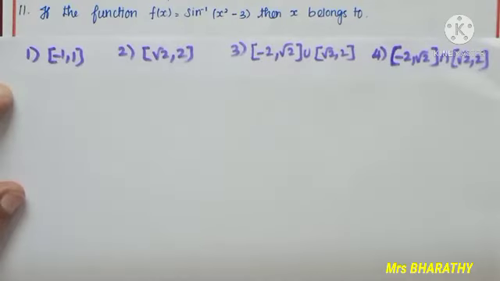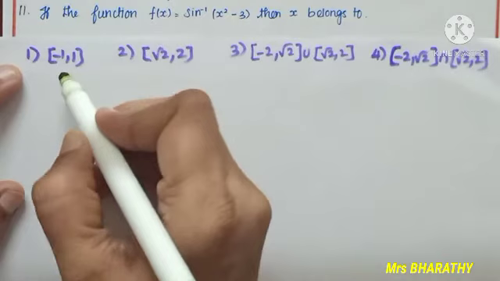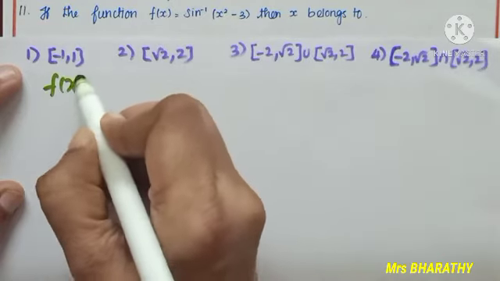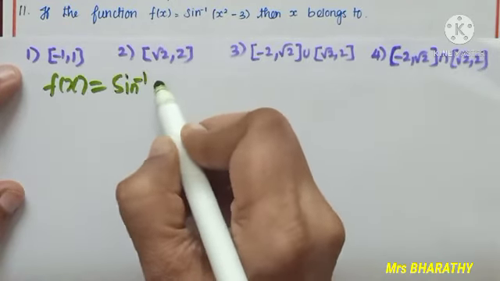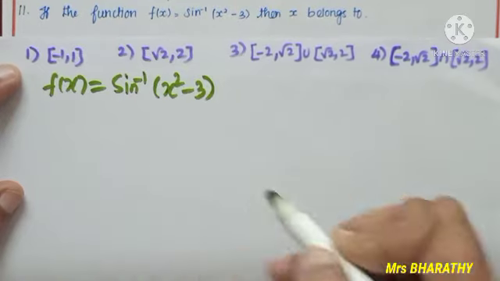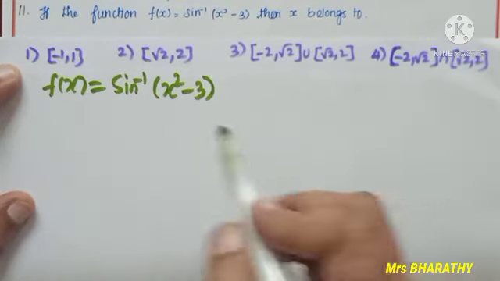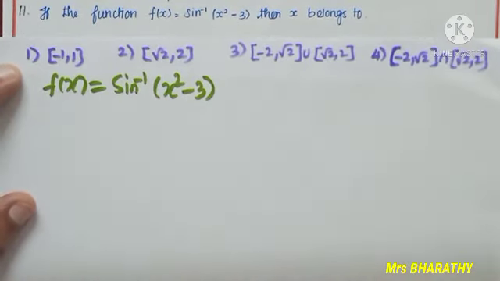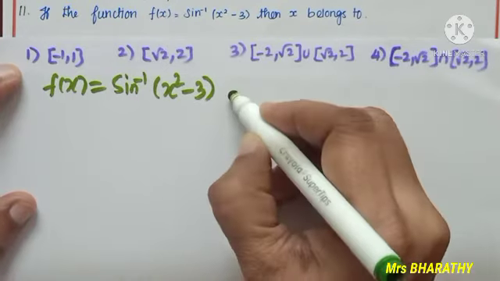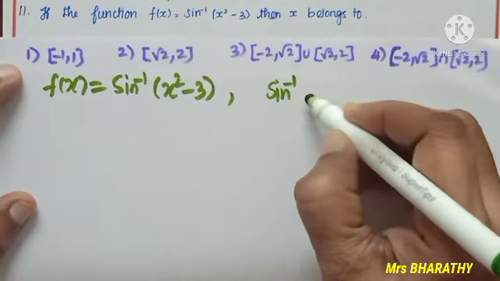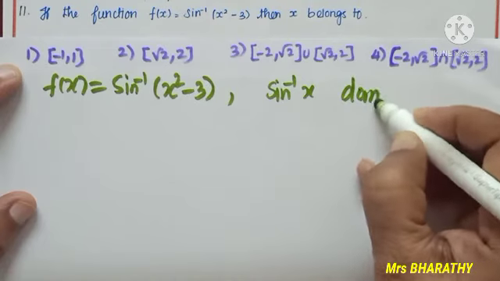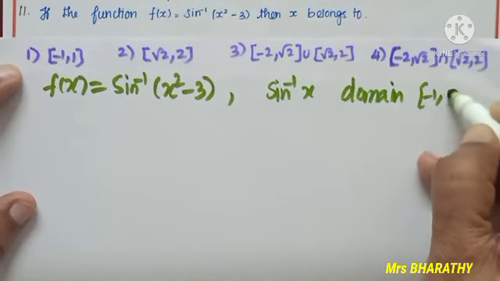Question number 11. If the function f of x equals sine inverse of x square minus 3, then x belongs to, we are given 4 types of intervals. Again we know for sine inverse, the domain is minus 1 to plus 1.